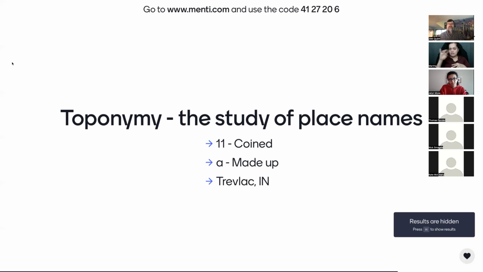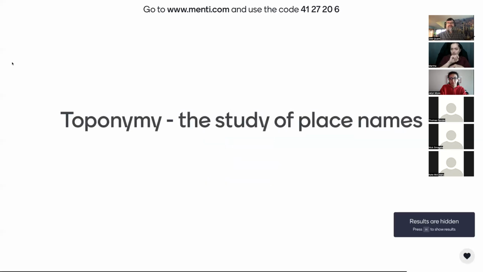Almost by random chance, I have driven through Trevlac once. Well, the story is that John Calvert founded the little village, and he used his name backwards. So Trevlac is Calvert backwards. He just made it up that way.